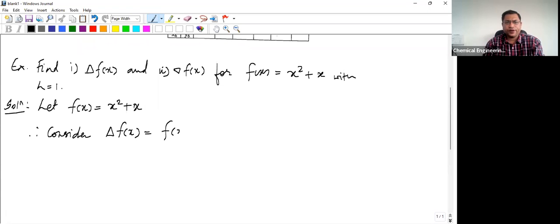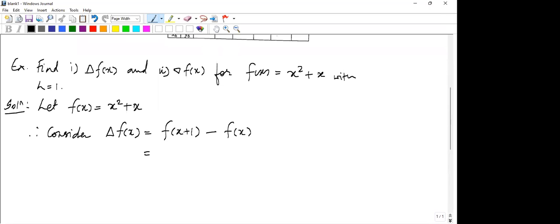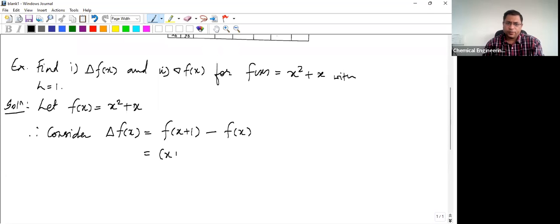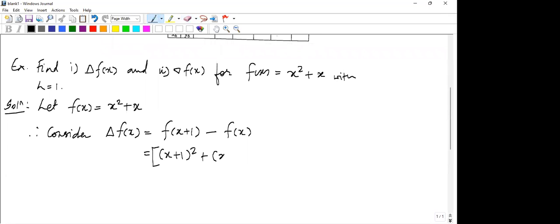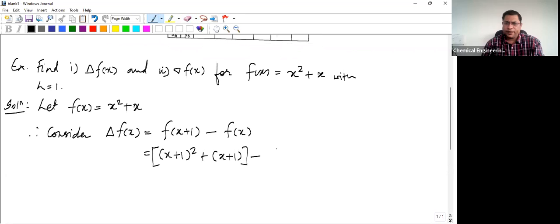So what we'll have is f of x plus 1 minus f of x. Is that okay? Yes, sir. Okay. So what will f of x plus 1 be? It will be (x plus 1) square plus x plus 1, as x will get replaced by x plus 1. And minus f of x, which is x square plus x.